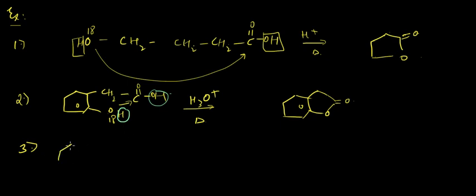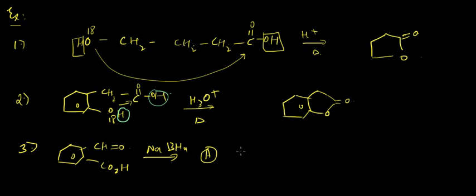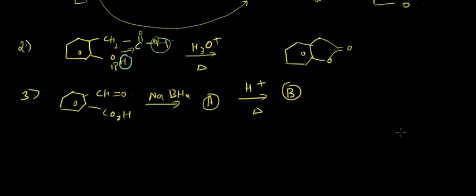Here we have CHO and CO2H. Then we are reacting it in presence of NaBH4 to get compound A, which is then reacted in acidic medium and a little bit of heat to form compound B. So we have to determine compound A and B. So obviously compound A: NaBH4 would reduce CHO but not CO2H.